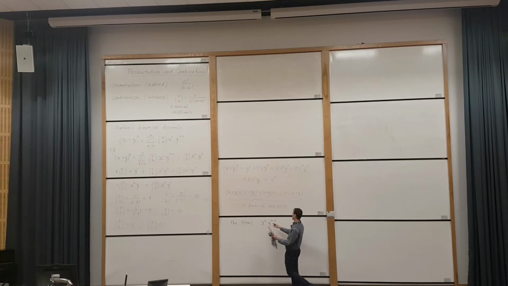Since altogether there are n pairs of brackets, the rest of them means n minus k, right? So that gives you the power of y to be n minus k.